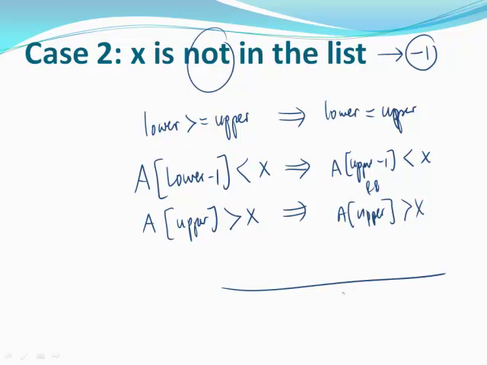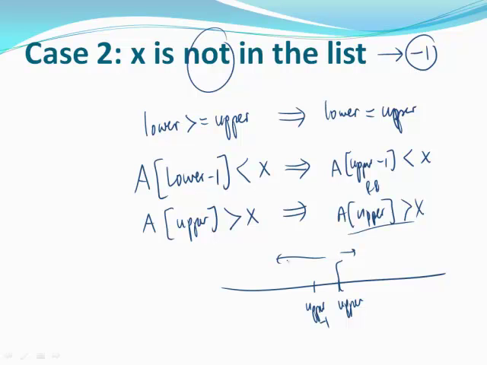So what we are saying is that x must be strictly greater than a of upper -1. So it's got to be somewhere here, but upper is not part of our search space. And this one says x is strictly less than a of upper, so it's got to be here.